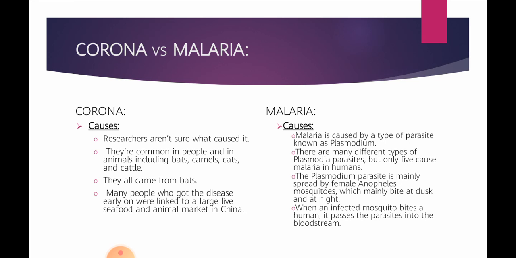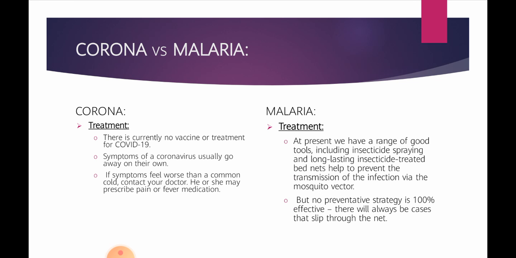Treatment for corona. There is currently no vaccine or treatment for COVID-19. Symptoms of corona usually go away on their own. If symptoms feel worse than a common cold, contact your doctor. He or she may prescribe pain or fever medication. Treatment of malaria.